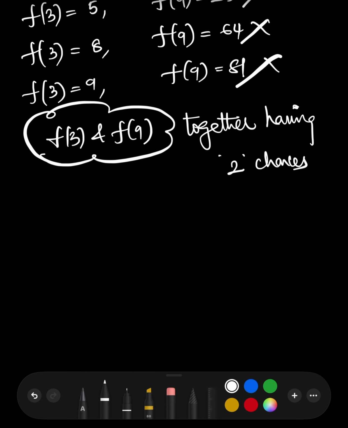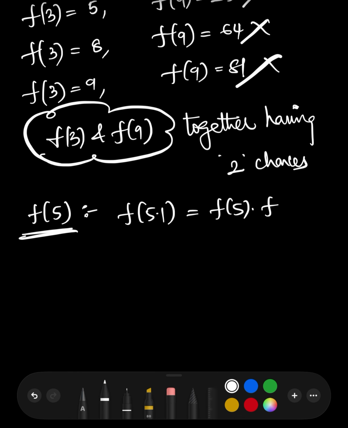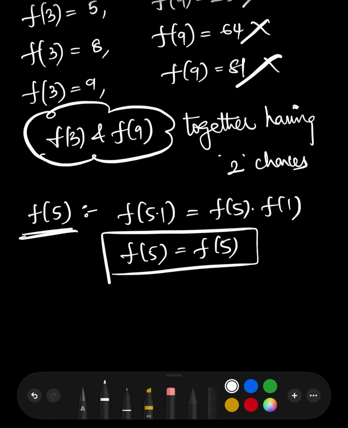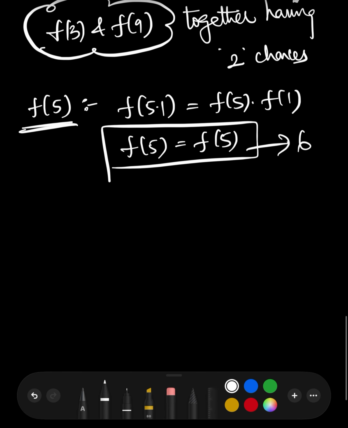Now move on to the remaining numbers, f of 5. It is an odd number, so clearly I can say f of 5 into f of 1, which is not influenced by any number, so f of 5 equals f of 5. So how many possibilities does 5 have? Clearly 6 possibilities.